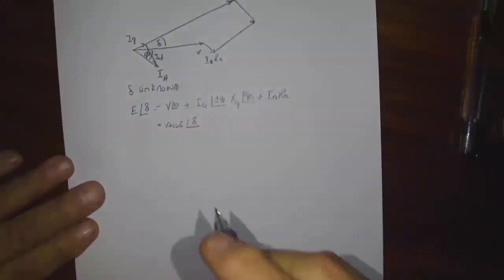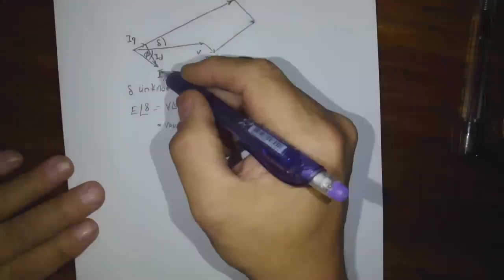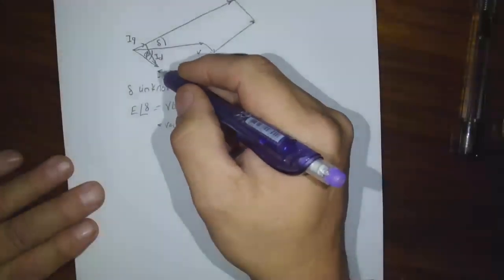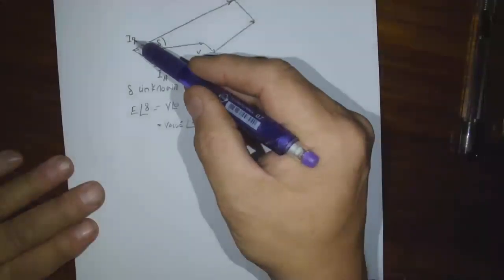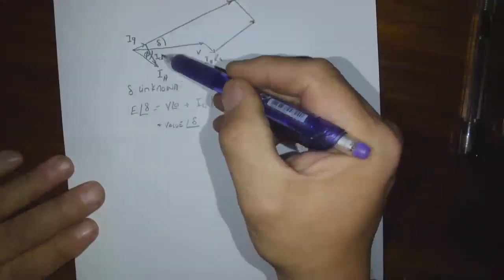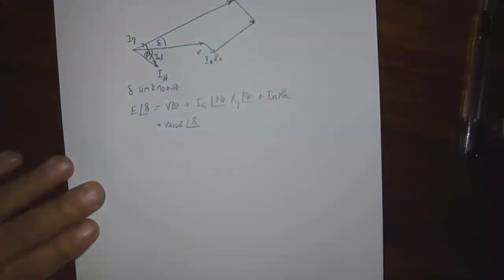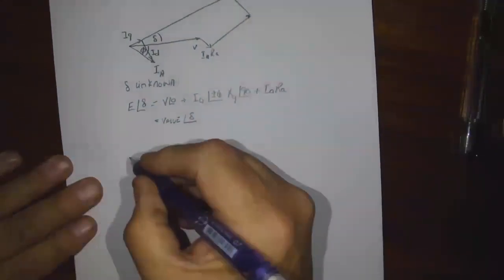And then once we've got that, we have to split up the current IA into two components, i.e. the quadrature current and the direct current. Now we do it according to this.